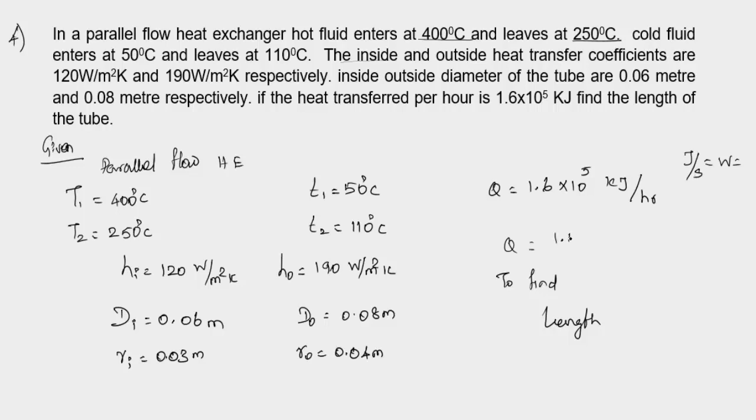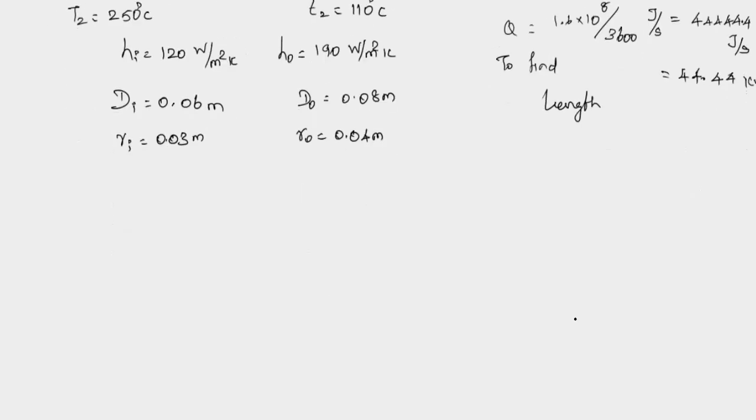So 1.6 into 10 to the power 8, that is 1.6 into 10 to the power 5 into 10 to the power 3, divided by 3600 joule per second, which is equal to 44444.4 joule per second, which is equal to 44.44 kilowatt. So with all these data we are going to solve the problem, right?